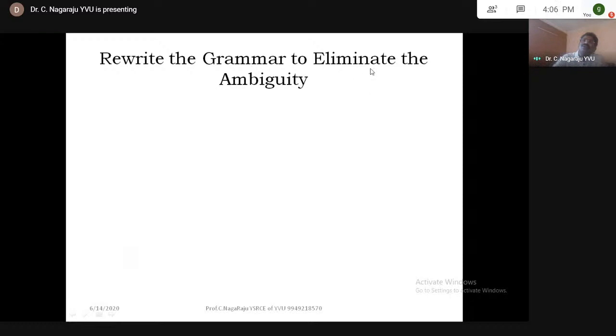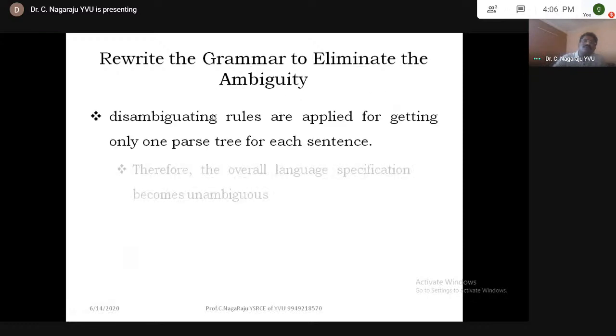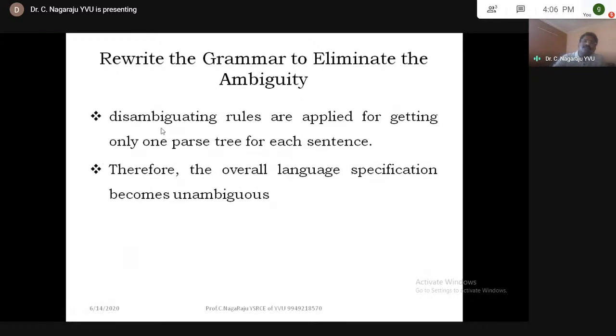Rewrite the grammar to eliminate the ambiguity. Disambiguation rules are applied for getting only one parse tree for each sentence. When you are given an input sentence, if only one parse tree is there, it is correct. If more than one parse tree is there, ambiguity has occurred.